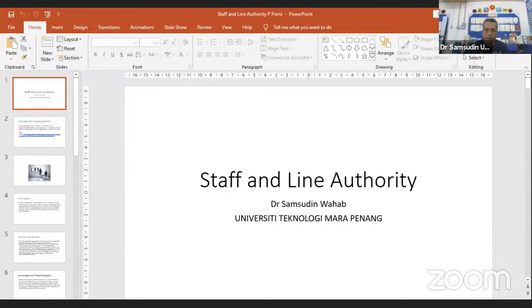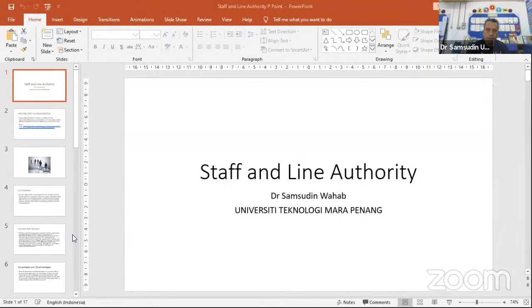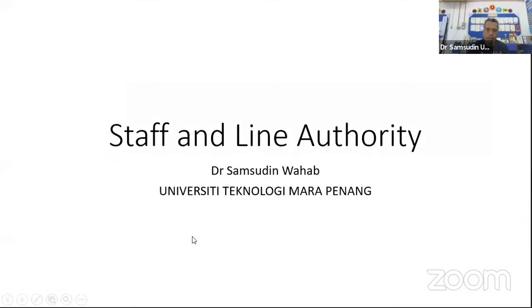Since there is confusion about the roles played by personnel when we talk about structure, for this slide I will clarify the specialization and the general description of the job of the staff.